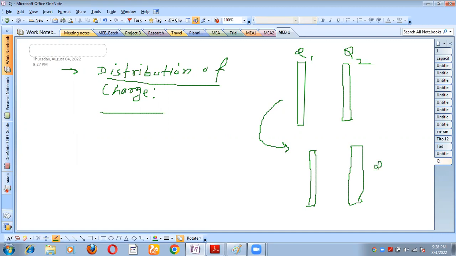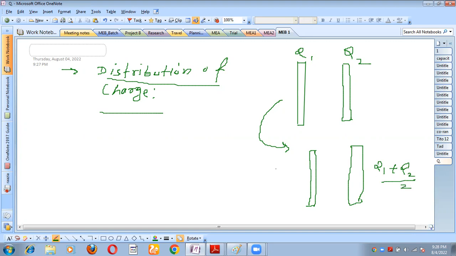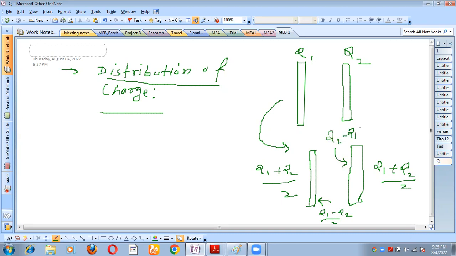On the outer surface, we will get charge Q1 plus Q2 by 2. Charge on the outer surface of both plates will be equal, and charge on the inner surface will be Q1 minus Q2 by 2. Here we will also get the opposite charge, that is Q2 minus Q1 divided by 2. So charges are redistributed like this.